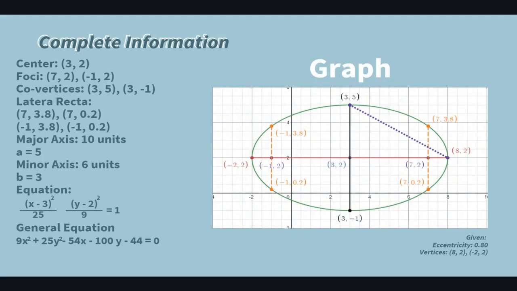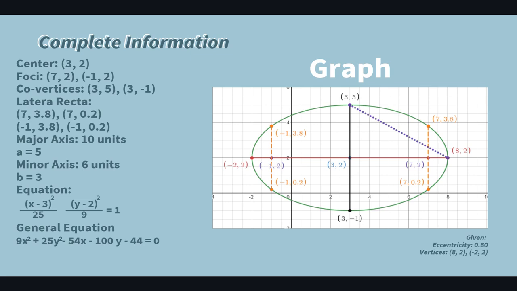All in all, the complete information would be: the center is at (3, 2). The foci would be at (7, 2) and (-1, 2). The co-vertices at (3, 5) and (3, -1). The lateral recta at (7, 3.8), (7, 0.2), (-1, 3.8), (-1, 0.2), and the major axis at 10 units and a is equal to 5, minor axis at 6 units and b is equal to 3.